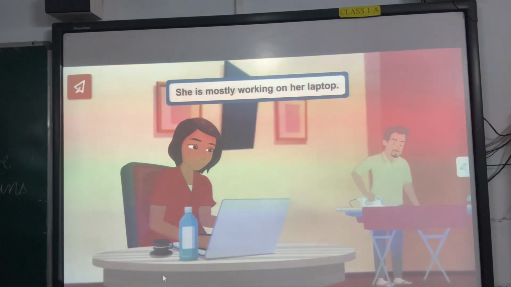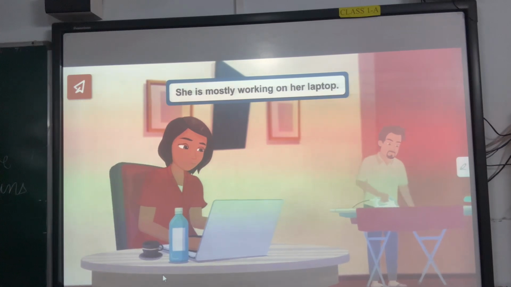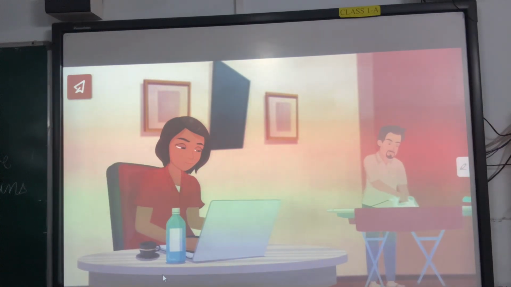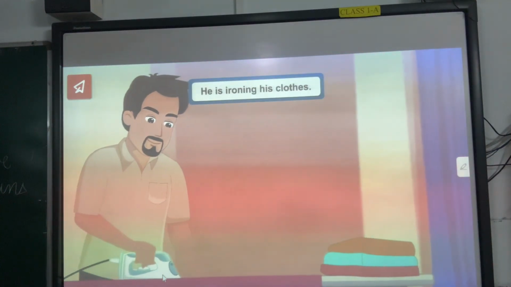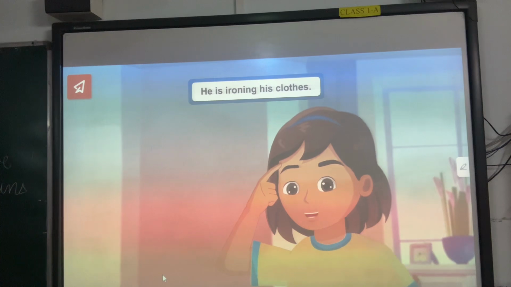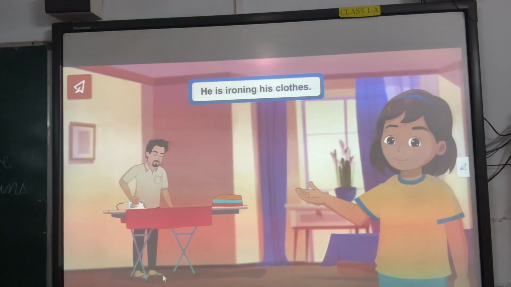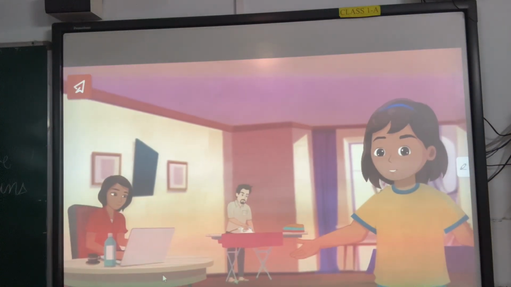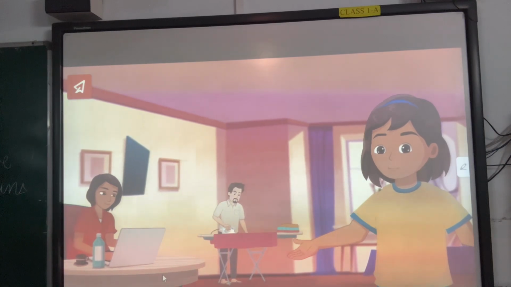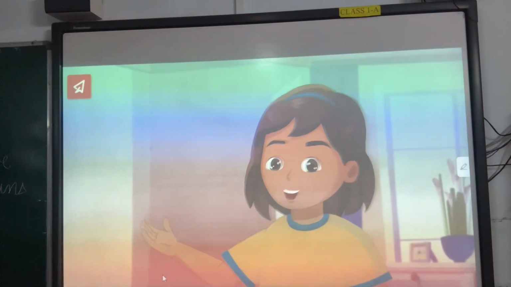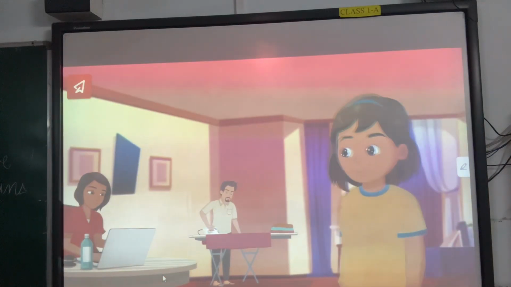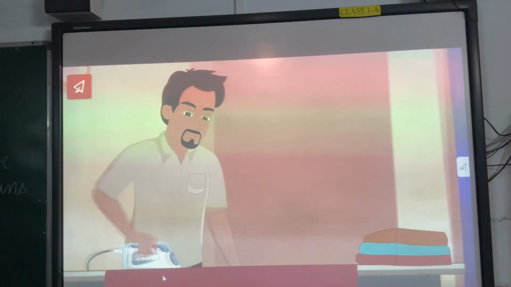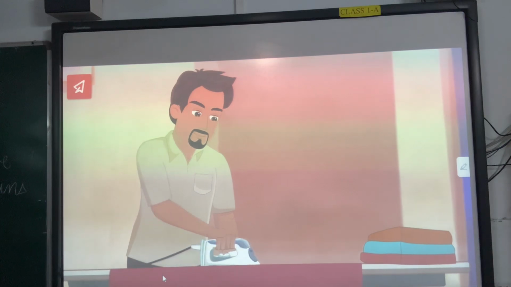She's mostly working on her laptop. She has got a tough job. Okay, that's my dad. He is, hanging his clothes. He always helps Mama with household chores. Come, let's go to my room now. Arya's dad was ironing his clothes.